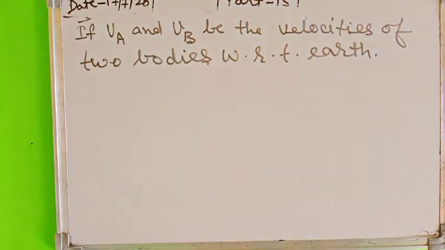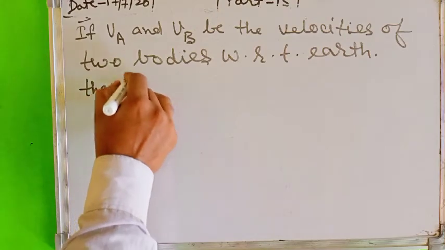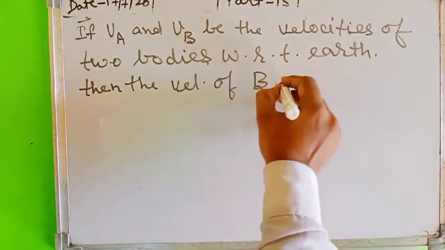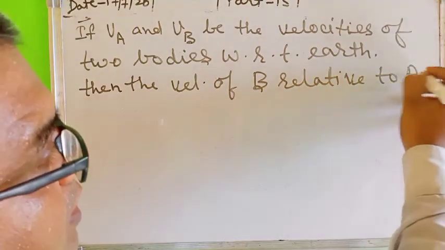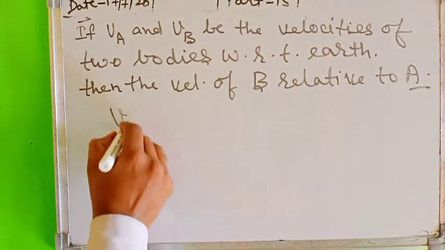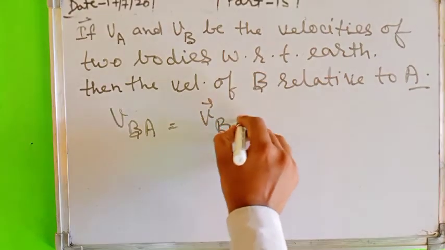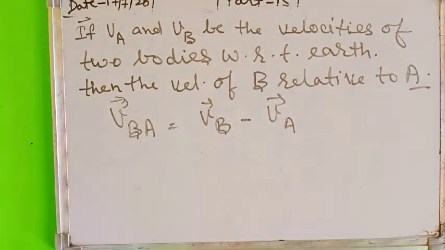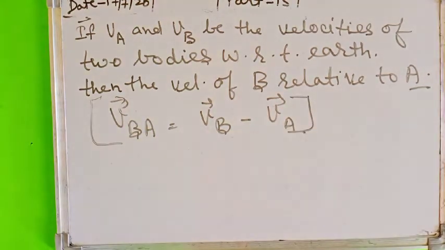Then the velocity of B relative to A, that is VBA, can be given as VB minus VA. This is the concept of relative velocity.